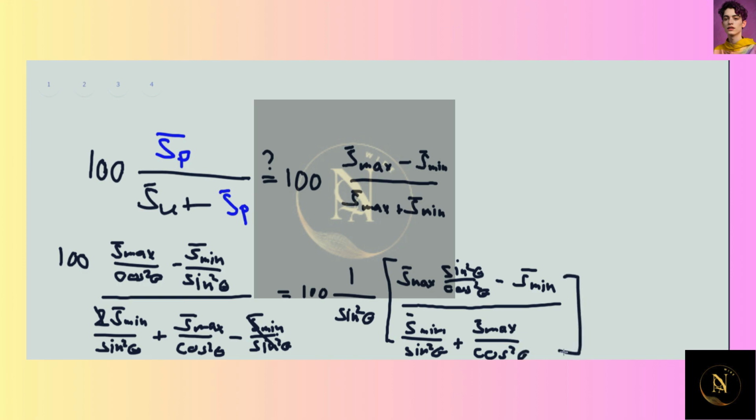And so the next step would be to multiply this 1 over sine squared theta into the denominator.